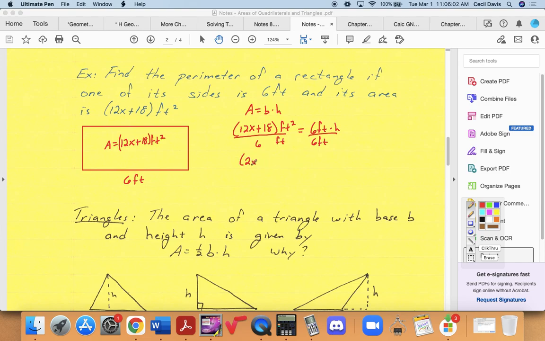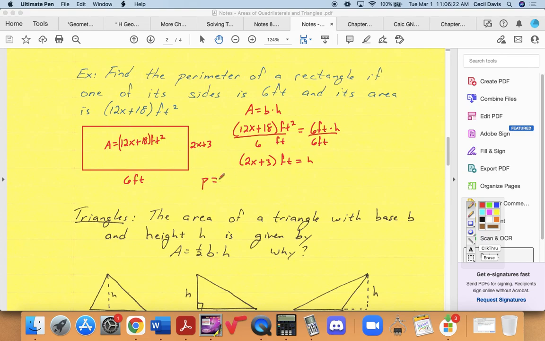And that's going to give me 2x plus 3 feet is the height. So this is 2x plus 3. And I don't know what x is, nor do I have a way to find out what x is. And that's okay.